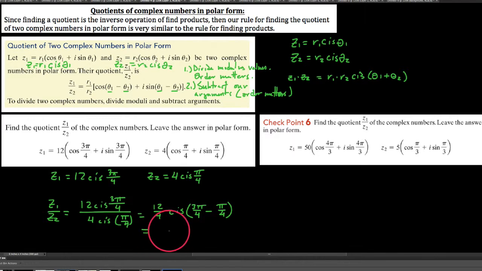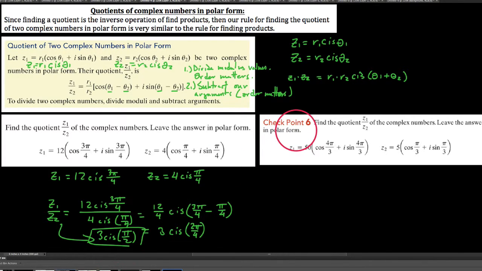So we divide the moduli, we get 3, and then subtract our arguments. We would be left with 2 pi fourths, or in other words, this quotient really is 3 cis pi halves when we simplify our 2 pi fourths. So our quotient is this value right here.